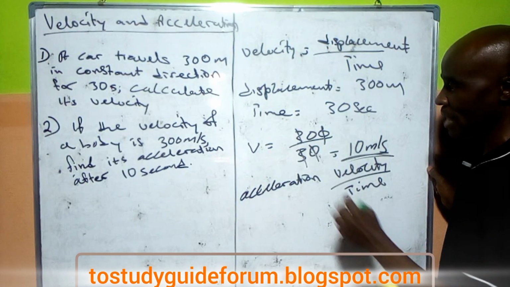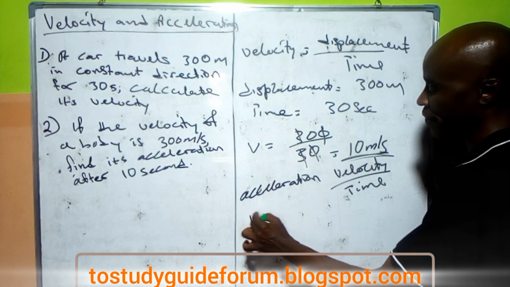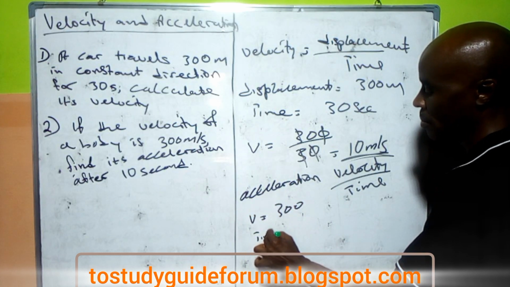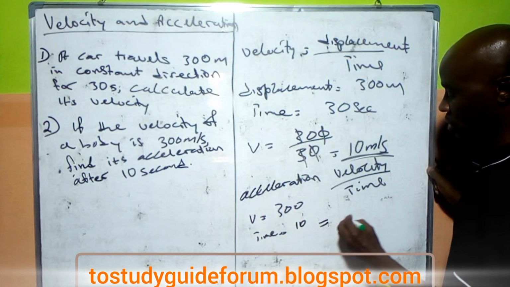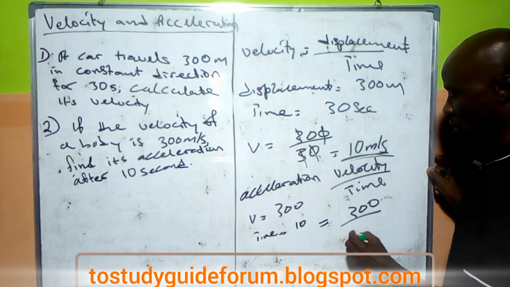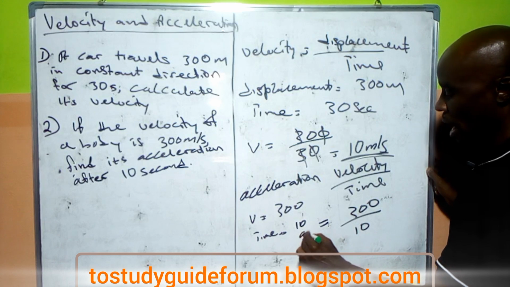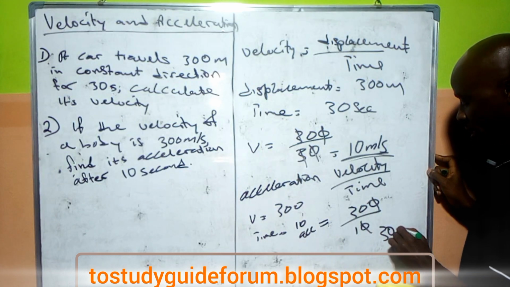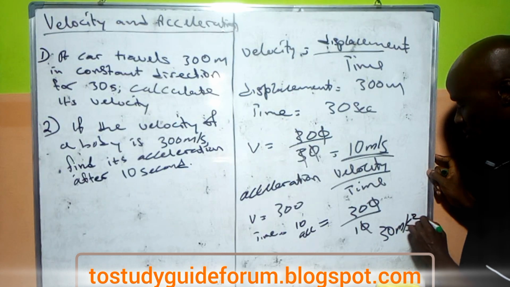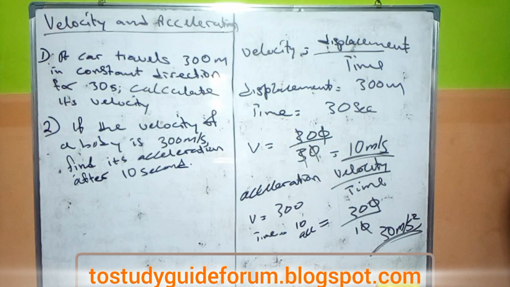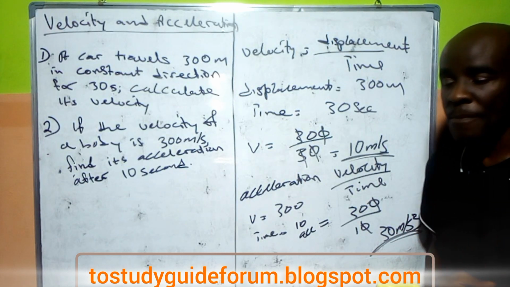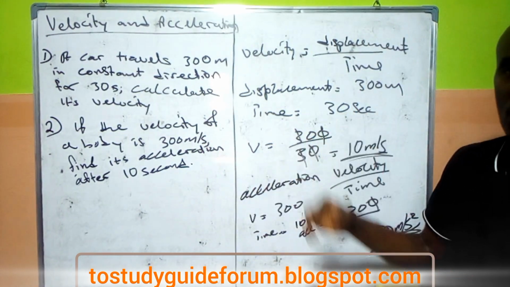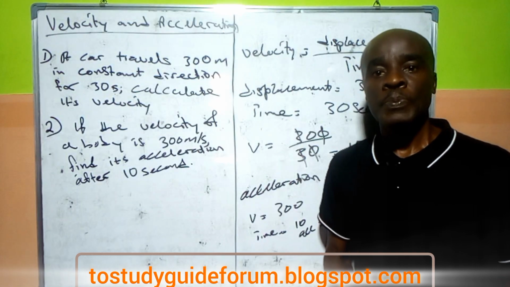Our v is what? 300. Our time is what? 10 seconds. That is to say 300 over 10 for our acceleration. Then we have 30 meters per second squared. Remember, meter per second squared is for acceleration, and meter per second is for velocity.